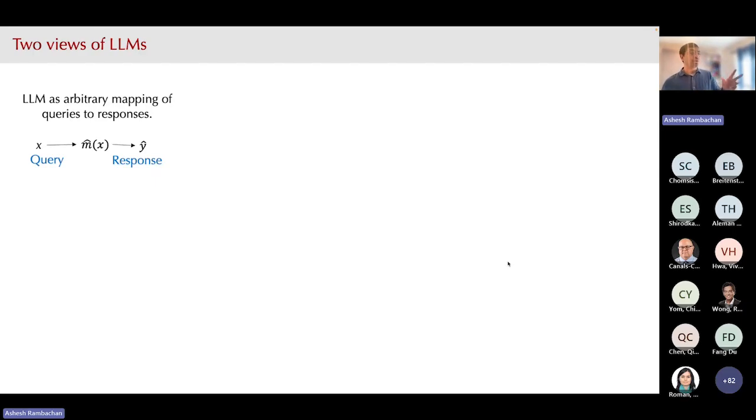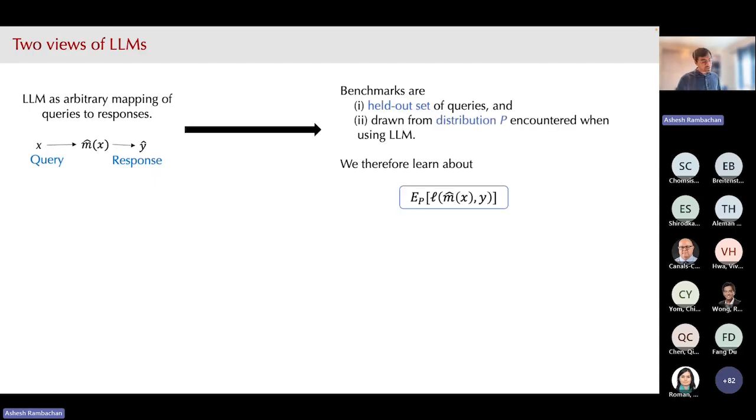So one view of a large language model is, let's just abstract away from all of the work in AI and treat it like some arbitrary mapping from queries the researcher is going to write down to outputs or responses that it's going to generate. In this view, we could just think about large language models through the lens of our classic supervised learning framework, where benchmarks are nothing more than a held out set of queries that are drawn from some distribution P over the types of queries we wish to deploy a large language model on.